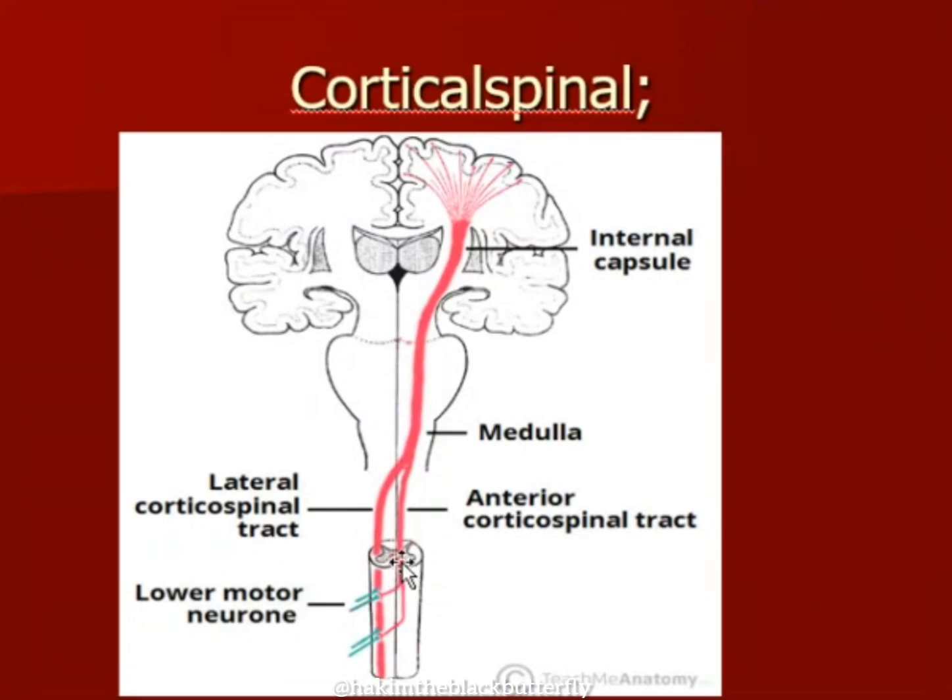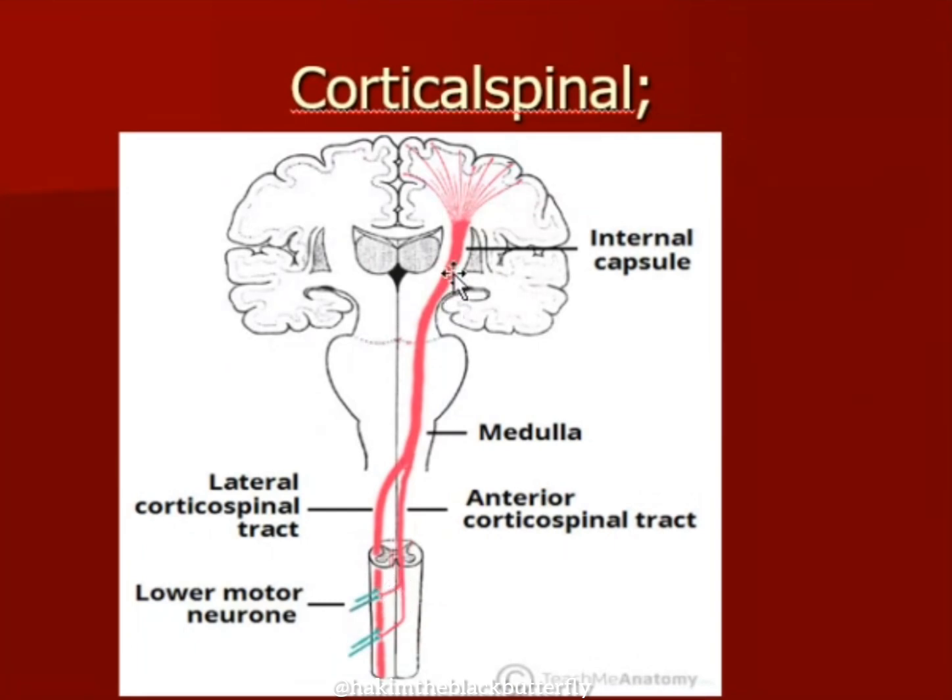But when they reach the spinal cord, they will also cross to the opposite side of the spinal cord. So at the end of it all, they will also cross. 90% decussated at the point of the medulla, but even these ones which remain on the ipsilateral side will then decussate at the level of the spinal cord.